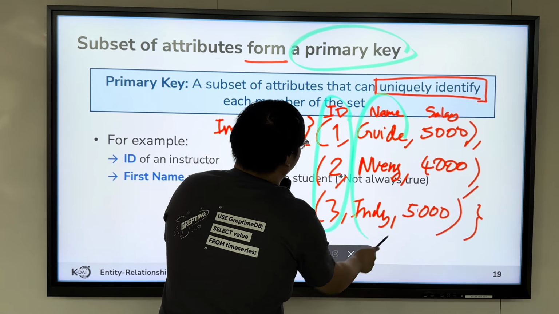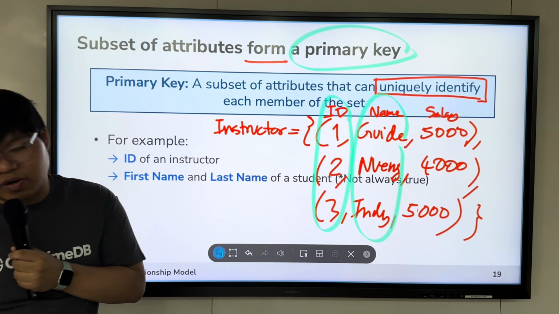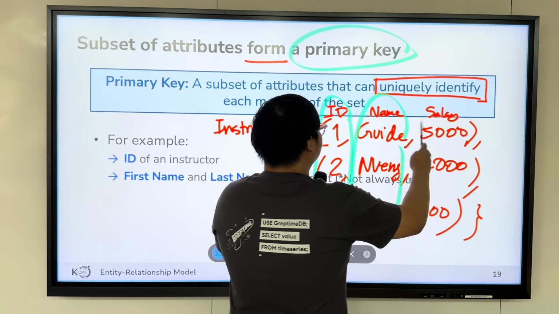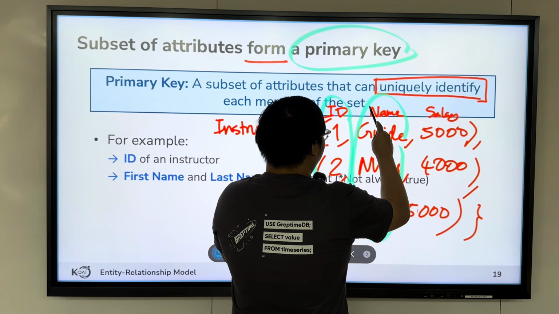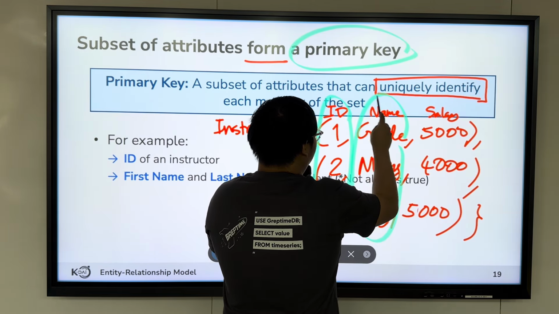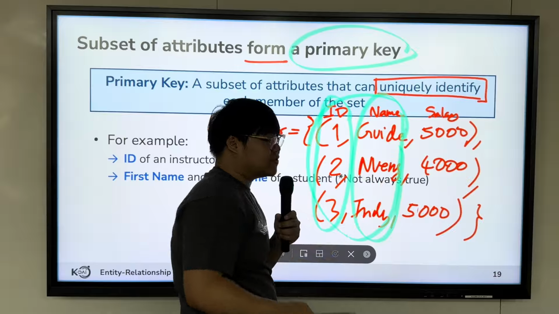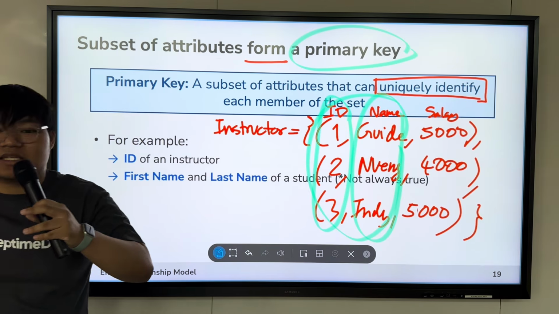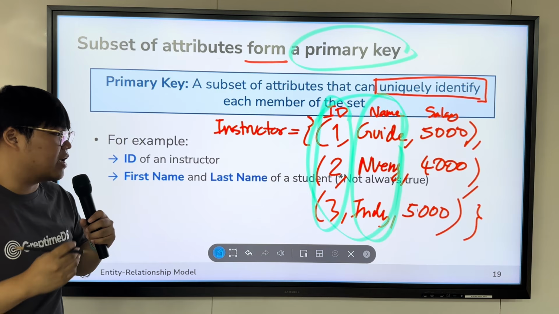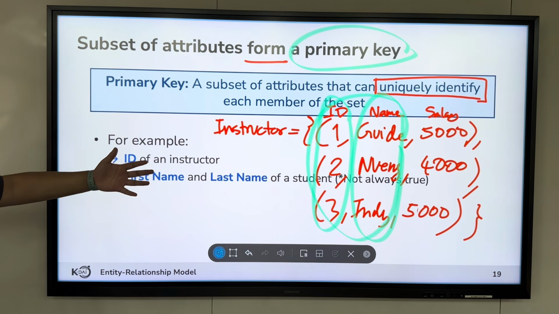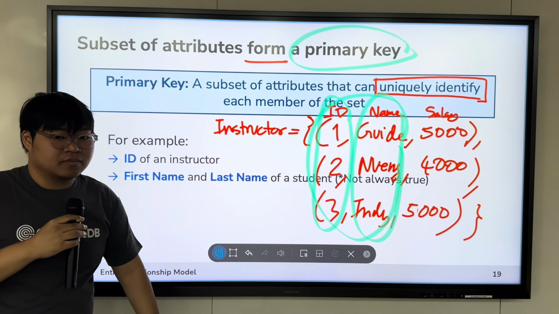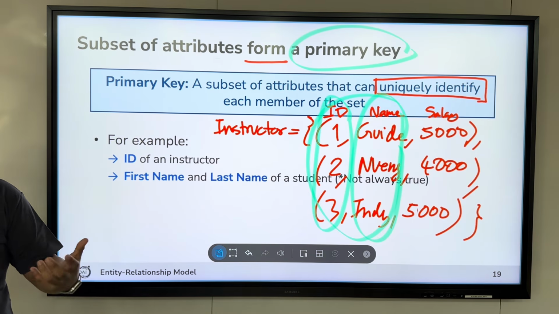Name can also be a primary key, or you may use ID and name together as well. That's fine. Primary key doesn't need to be a single attribute. It can be a subset of attributes as well. Like a student: if you don't have an ID, you may use first name and last name to uniquely identify each student.